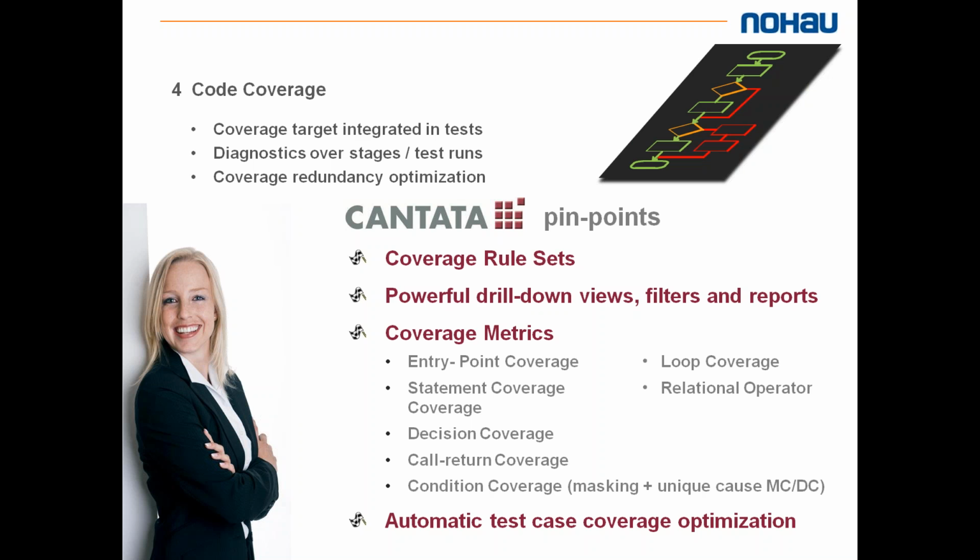And the type of coverage metrics that we can control against is things like entry point coverage, statement coverage, decision coverage. So we can check that all branches in your software under test have been taken.